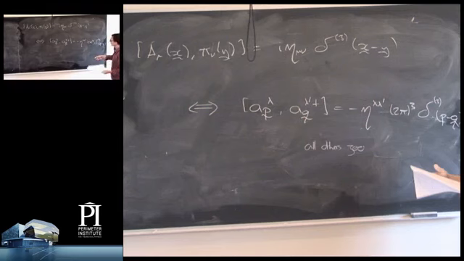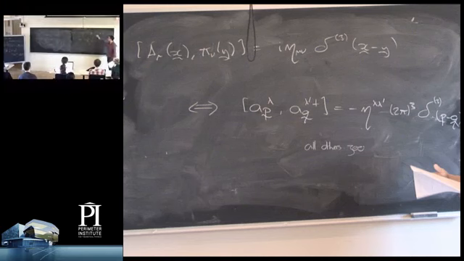Okay, so all others 0. So this is the usual kind of commutation relation we've seen over and over again. You just plug these into here.